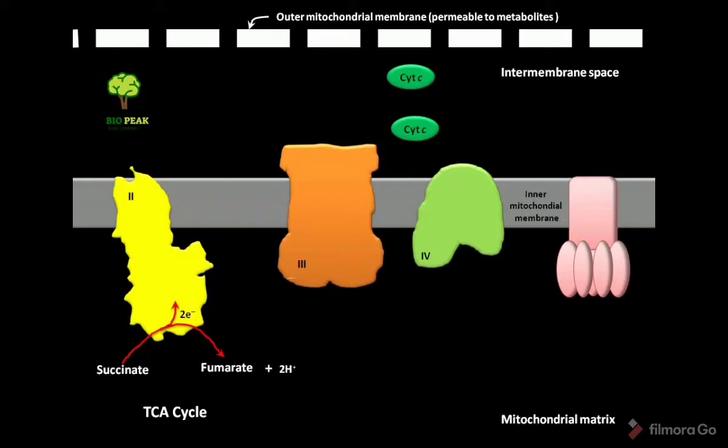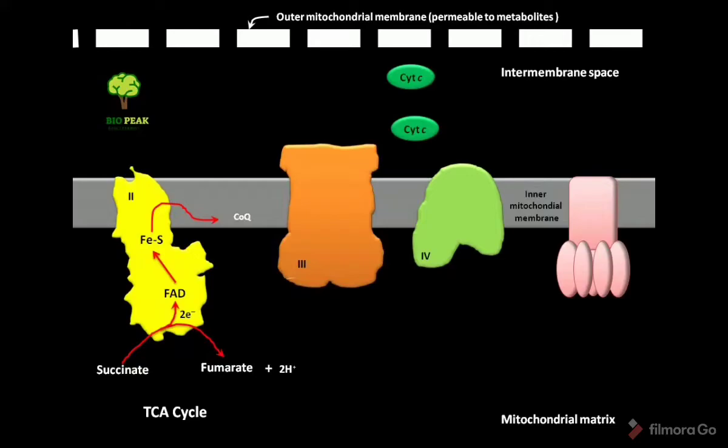In this way, the TCA cycle is functionally and physically linked to the electron transport chain. The 2 electrons released in the conversion of succinate to fumarate are translocated first to FAD in succinate dehydrogenase, then to the iron sulfur cluster, and finally to coenzyme Q or CoQ. The coenzyme Q binds to a cleft on the matrix side of the transmembrane portion of complex 2.